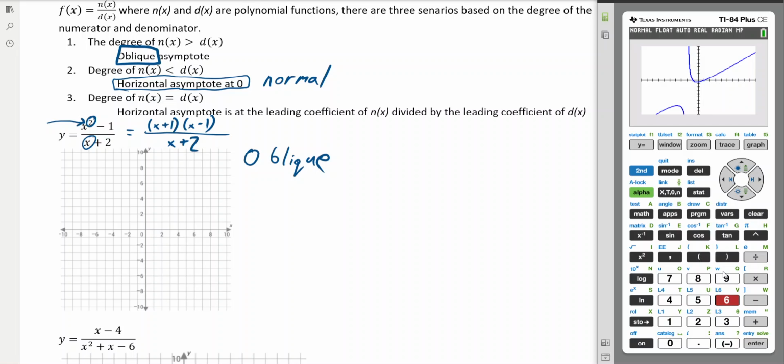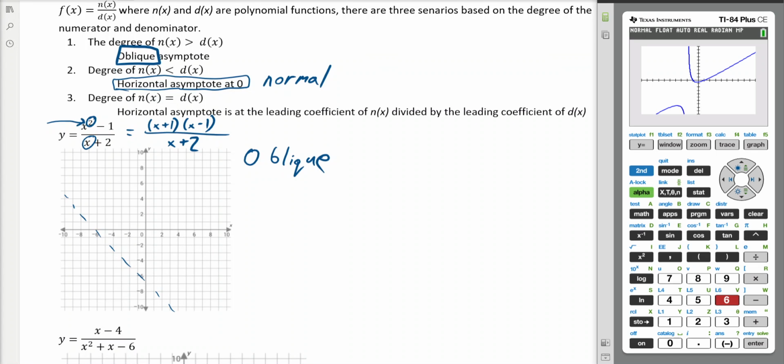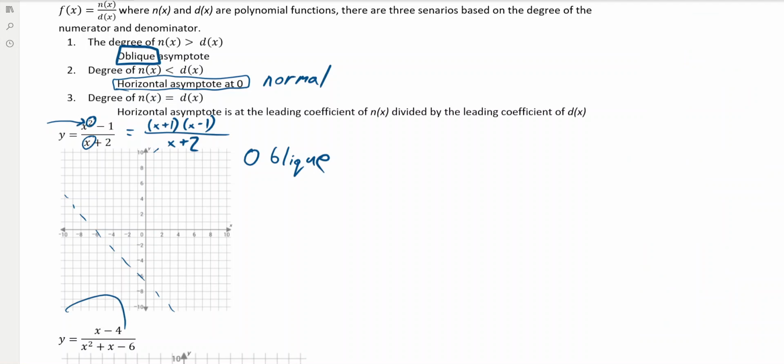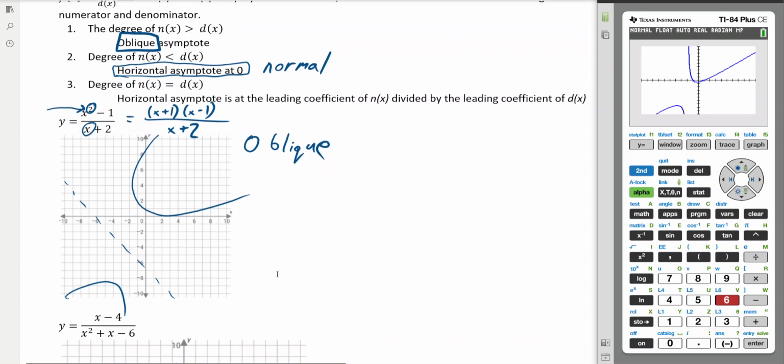So it looks really weird, okay, but basically there's an oblique asymptote that kind of looks diagonally like that, and it curves kind of like this and like this. Kind of a weird case, but like I said, you don't need to be able to draw it, you just have to be able to recognize it.